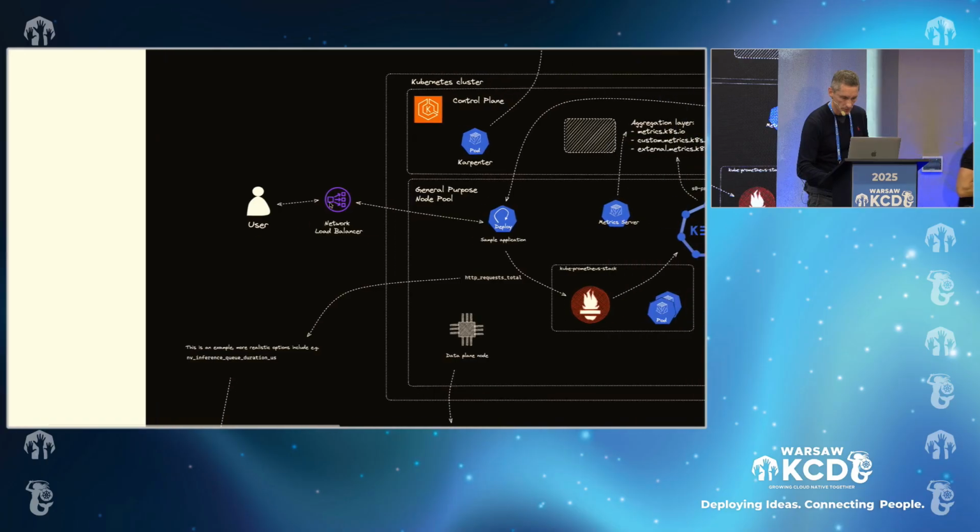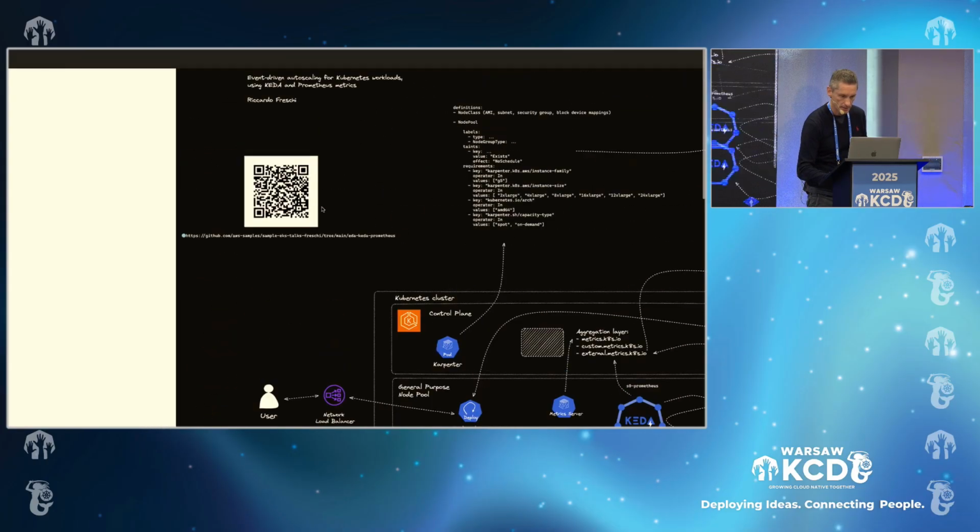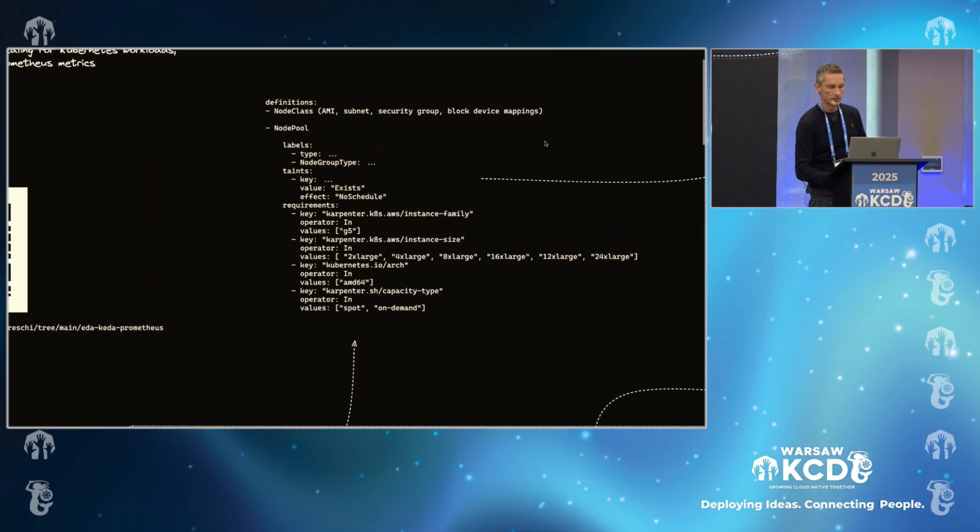For example, you can configure it with two CRDs, custom resource definitions, which are the node class, where you can define the AMI in the case of AWS, which is basically the image that is running in the node, and some other parameters. You can also configure it so that it, for example, requests only certain instance families and instance sizes within those parameters. Also, you can configure architecture and a number of other things.